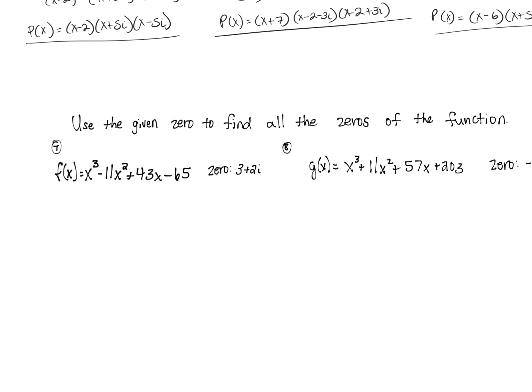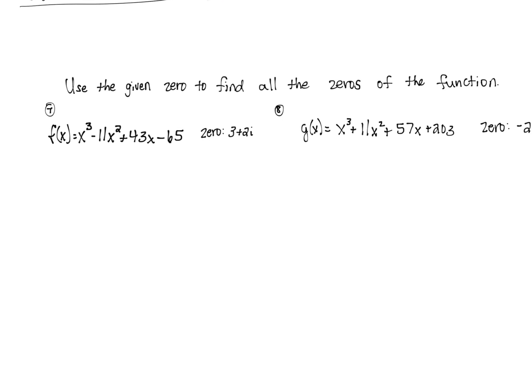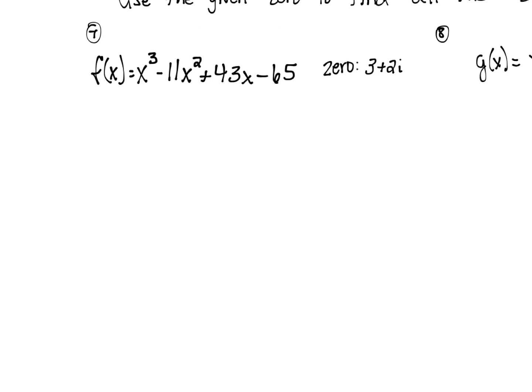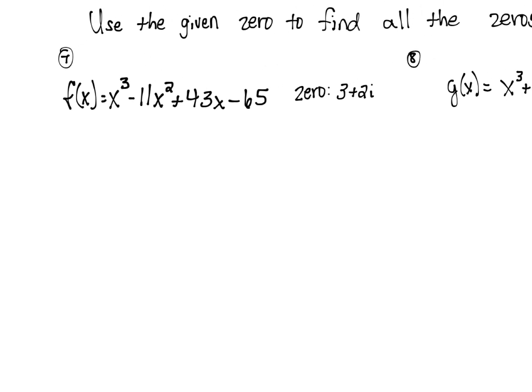Alright, so for 7, use the given zeros to find all the zeros of the function. So we know we have f of x equals x cubed minus 11x squared plus 43x minus 65, and they're telling us a zero is 3 plus 2i.